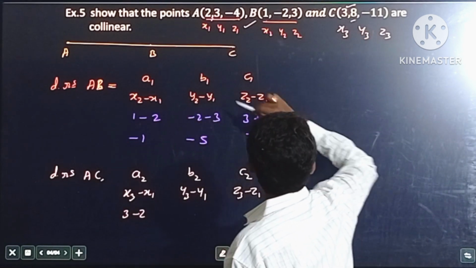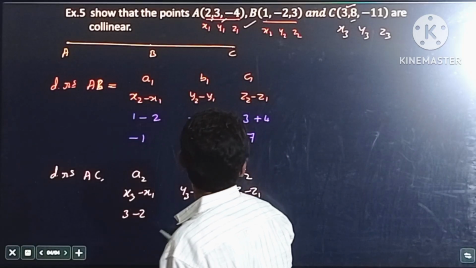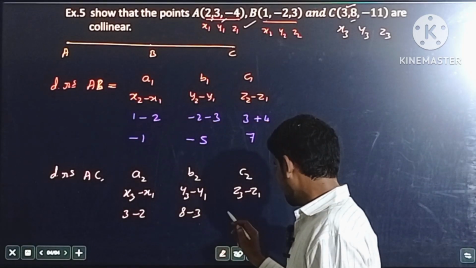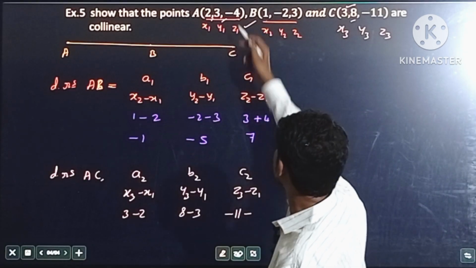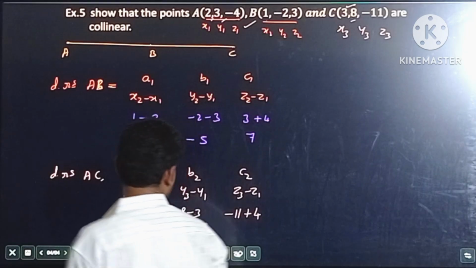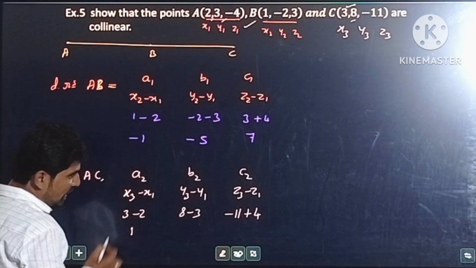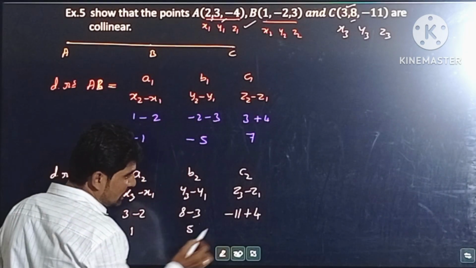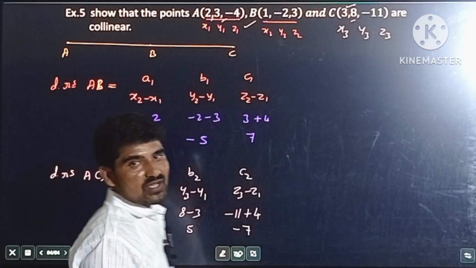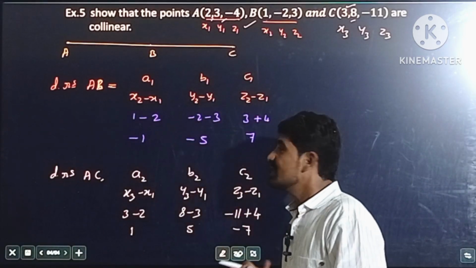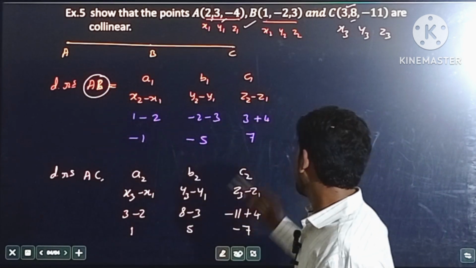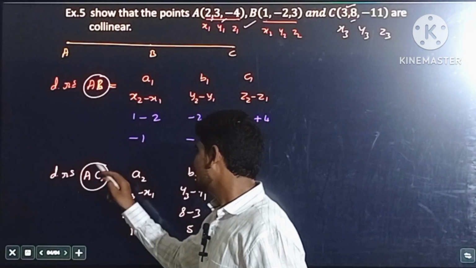Similarly, y3 is 8 and y1 is 3, so B2 is 8 minus 3. And z3 is minus 11, minus z1 which is minus minus 4, so plus 4. I hope all of you are understanding. 3 minus 2 is 1, 8 minus 3 is 5, minus 11 plus 4 is minus 7. So we got the values of A2, B2, C2 and A1, B1, C1, where A1, B1, C1 are the direction ratios of AB and A2, B2, C2 are the direction ratios of AC.